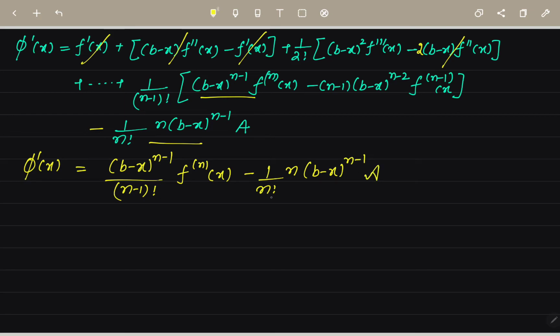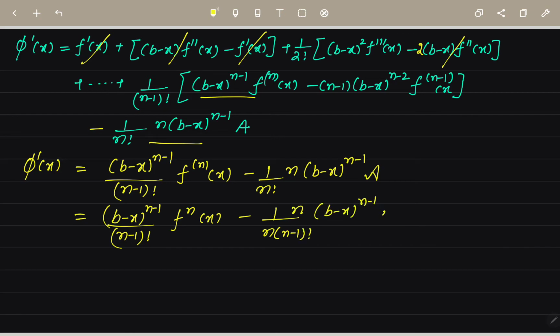Now I will also simplify the factorial in this part: (b minus x) raised to power n minus 1 divided by n minus 1 factorial f nth derivative at x minus 1 divided by n into n minus 1 factorial, since n factorial is n into n minus 1 factorial, into (b minus x) raised to power n minus 1 into a.